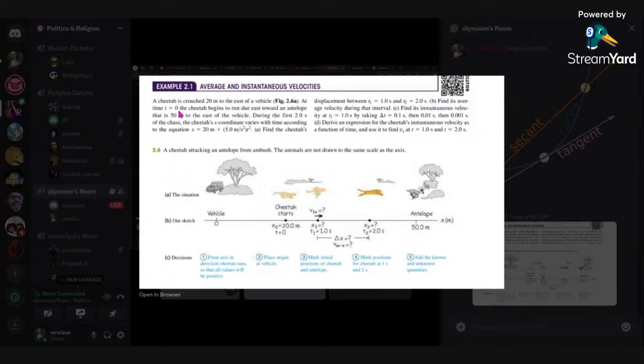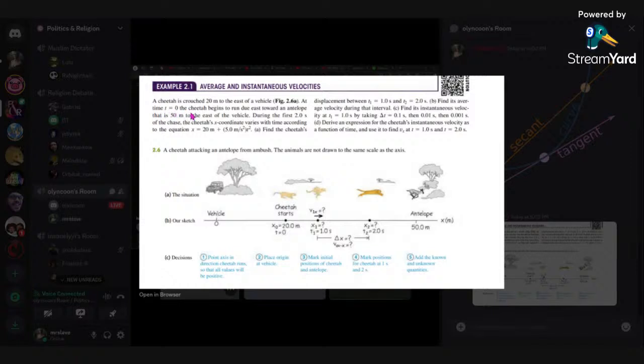So a cheetah is crouched 20 meters to the east of a vehicle, meaning to the right of the vehicle, as in figure 2.6a. That's fine. So we're facing north.